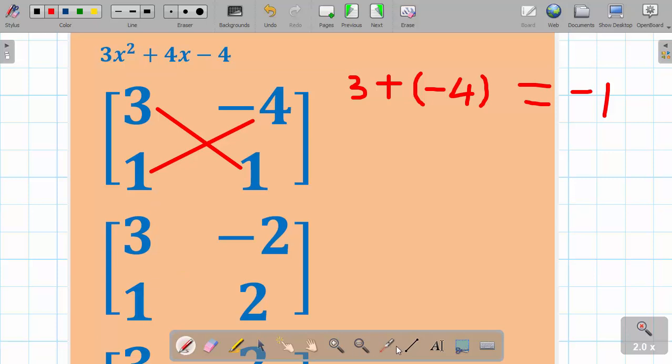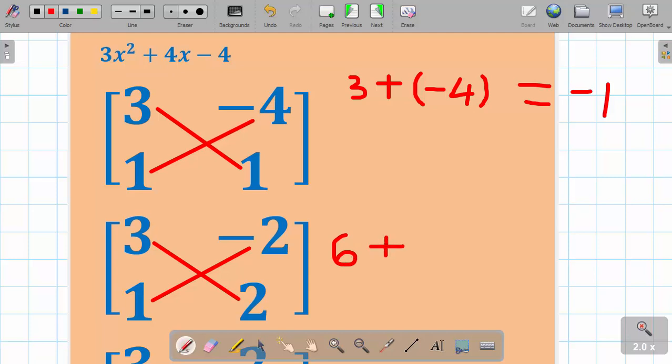So I do another cross, and I use the name cross method. 3 times 2 is 6, and 1 times negative 2 is negative 2.